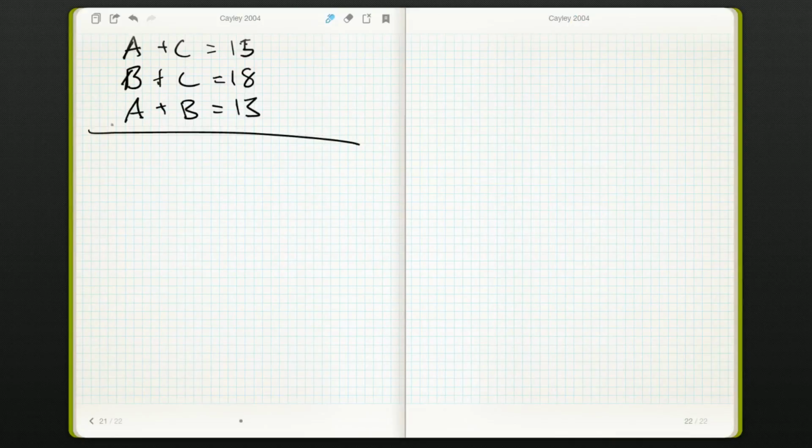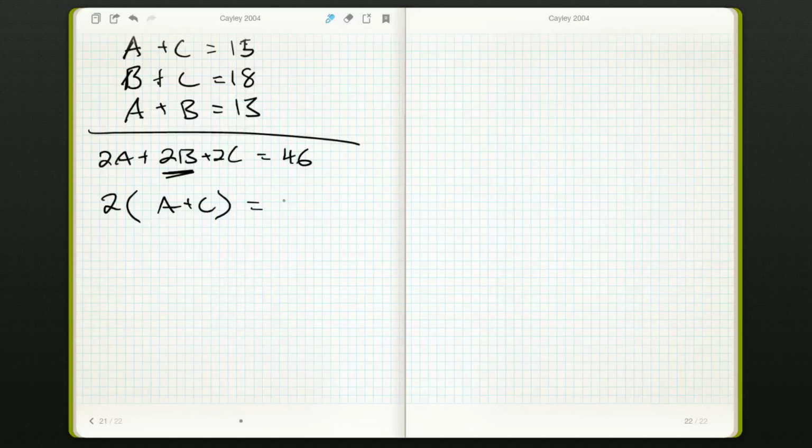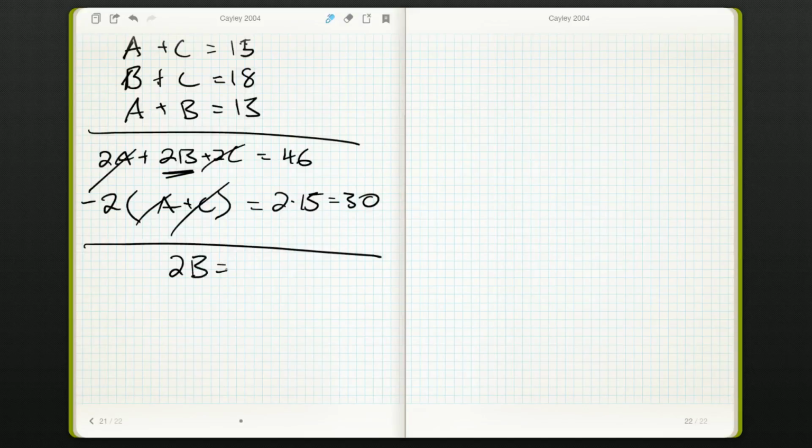And again, if we add them all up, we'll get 2A plus 2B plus 2C is 46. Well, here's my 2B. So if I just did 2 times A plus C, which will be 2 times 15, which is 30, and subtract that off, that'll get rid of my 2A's, my 2C's, and I'll just be left with 2B is 46 minus 30.